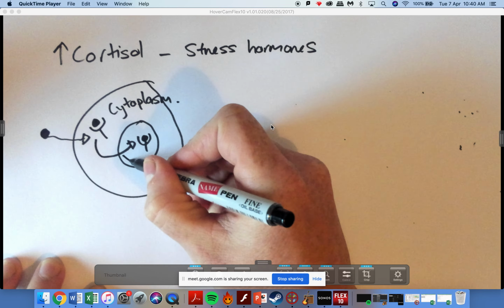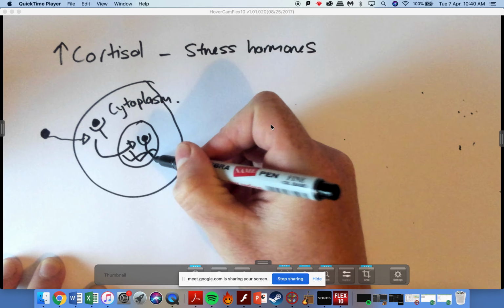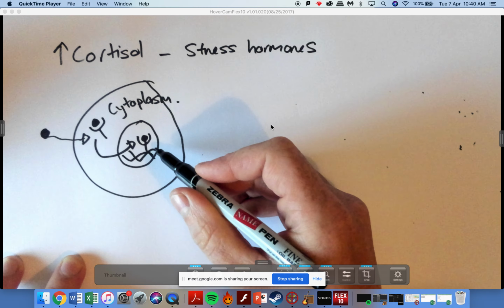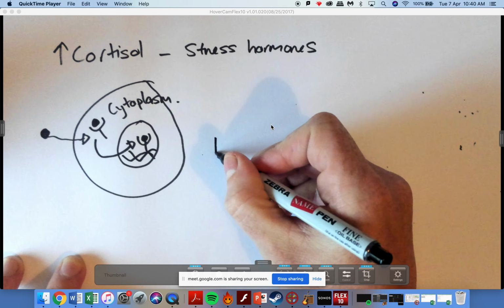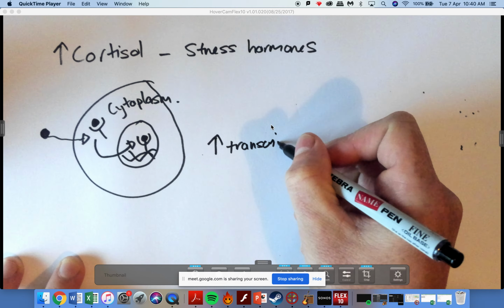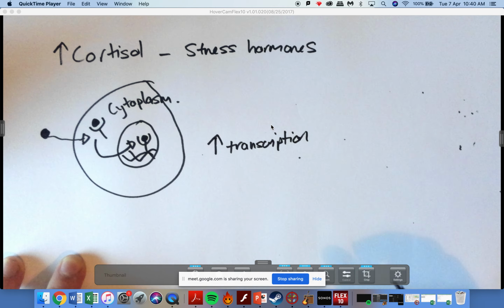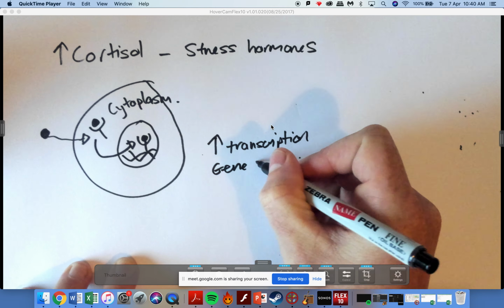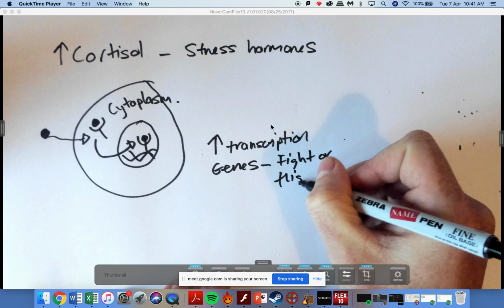So again, it's going to find a DNA sequence, and in this case, it's going to increase the transcription of genes, and we don't really need to talk about specific ones, genes which are fight or flight.